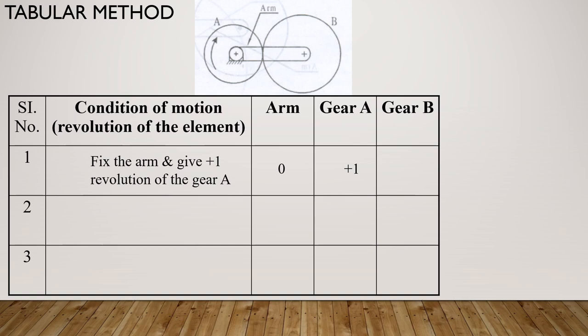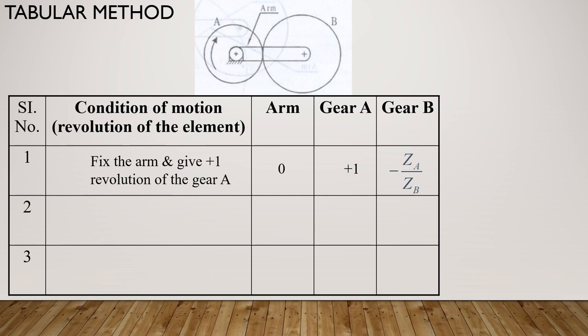It is already covered in the theory part. We have to write the ratio of number of teeth in the driver to number of teeth in the driven gear. Here driver is A, driven is B, so it is ZA divided by ZB. After writing the ratio, we have to see the sense of rotation.